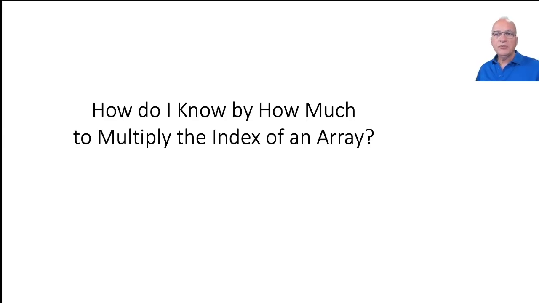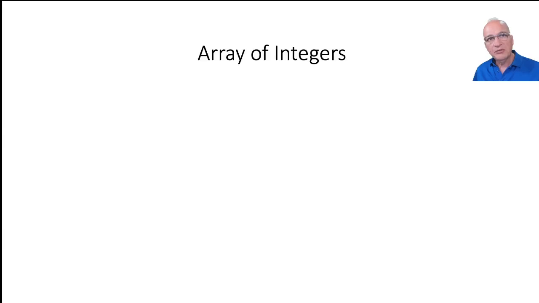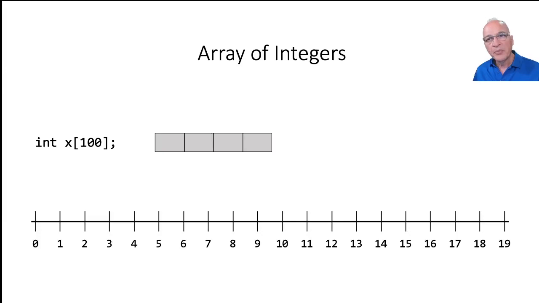One interesting question is, when I'm accessing an array, by how much do I need to multiply the index of the array in order to get the address of a given element of the array? Let's look at the size of each element of the array. If I have an array of integers, like int x[100], so I have an array of 100 integer elements, each element of the array will contain 4 bytes.